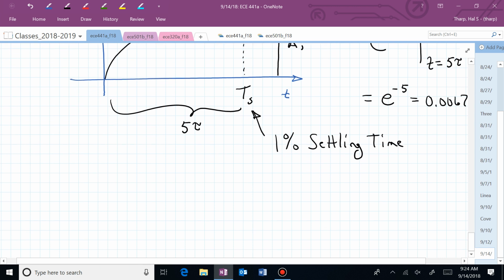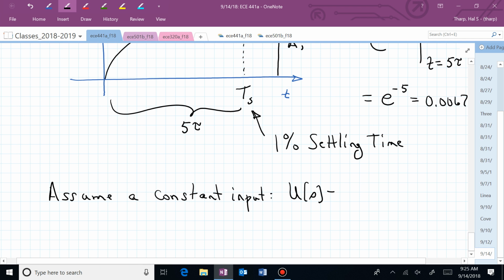So let's go ahead and assume a constant input that we're applying to the system. Let's say capital U of S is now A over S. So it's not necessarily a unit step.